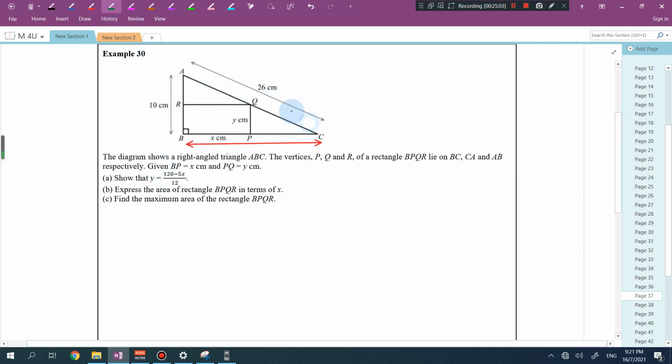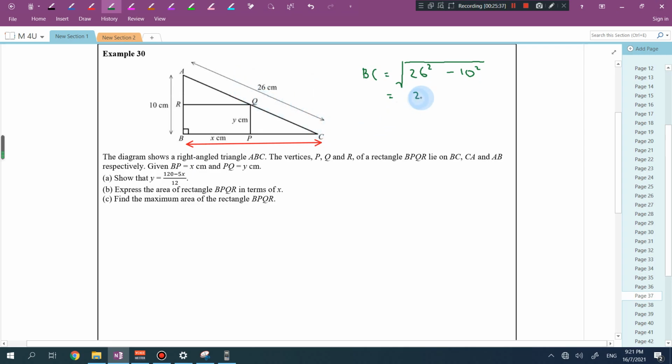Now you see a right angle triangle. When we see a right angle triangle, we always think about trigonometry or the Pythagorean theorem, right? How about we find BC first? BC is equal to the square root of 26 squared minus 10 squared.